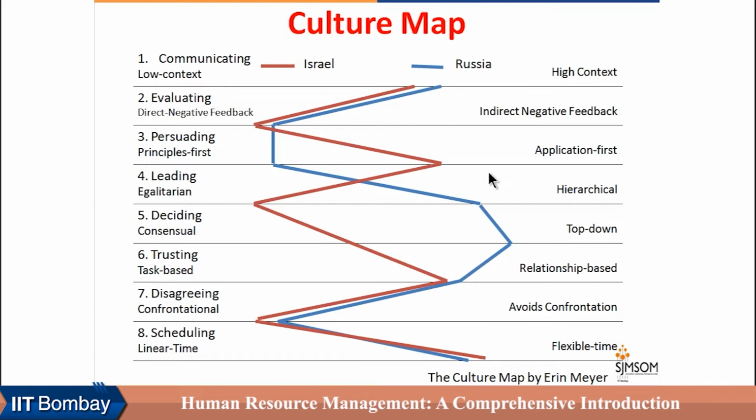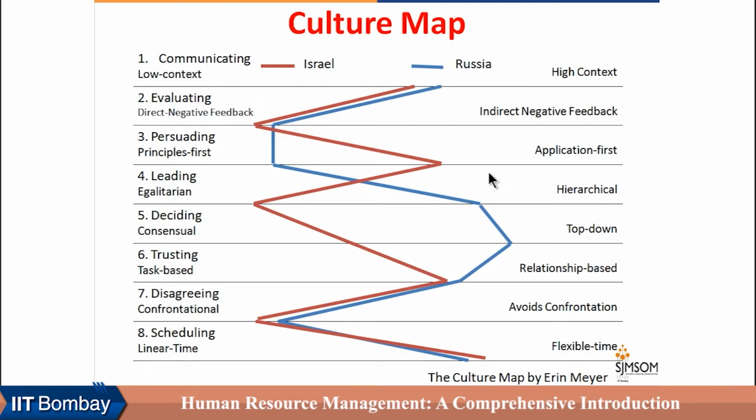Similarly, persuading happens differently in different cultures. In some cultures, principle is first spoken and based on that persuasion is done, whereas in some cultures, which are generally high context cultures, we have to persuade people based on what will happen when they take a certain stance, or what happens if they hold a certain opinion or make a certain kind of decision. So, application is first discussed and then principle is discussed, whereas in some cultures principle is discussed before the application.